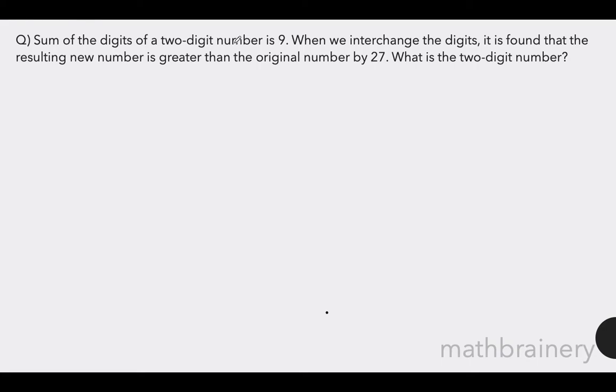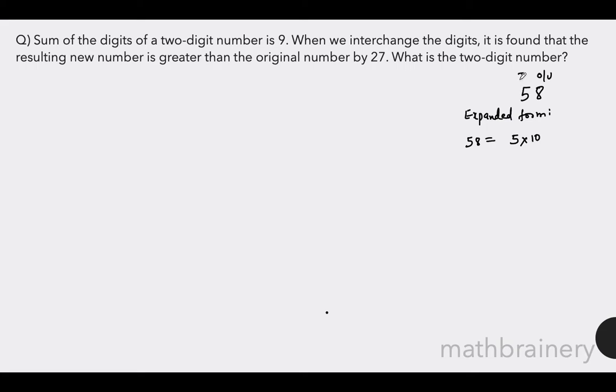Now, before we proceed to solve this problem, let's consider an example. Suppose I have a two-digit number, say 58. Here 8 is in ones place or units place, 5 is in tens place. So when I want to write the expanded form of this two-digit number, how will I write it? I will be multiplying the digit with its place value. That is, 58 will be written as 5, the digit, multiplied by the place value.